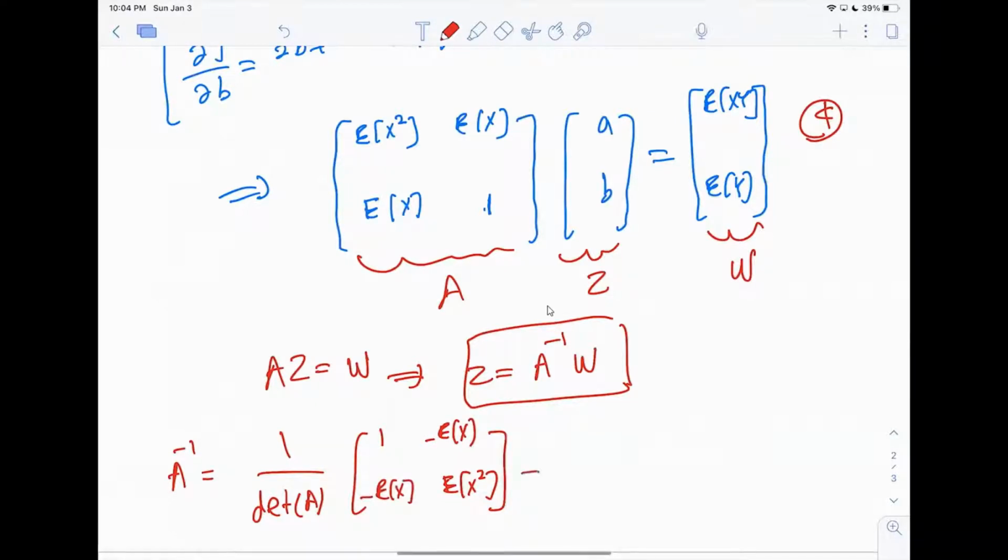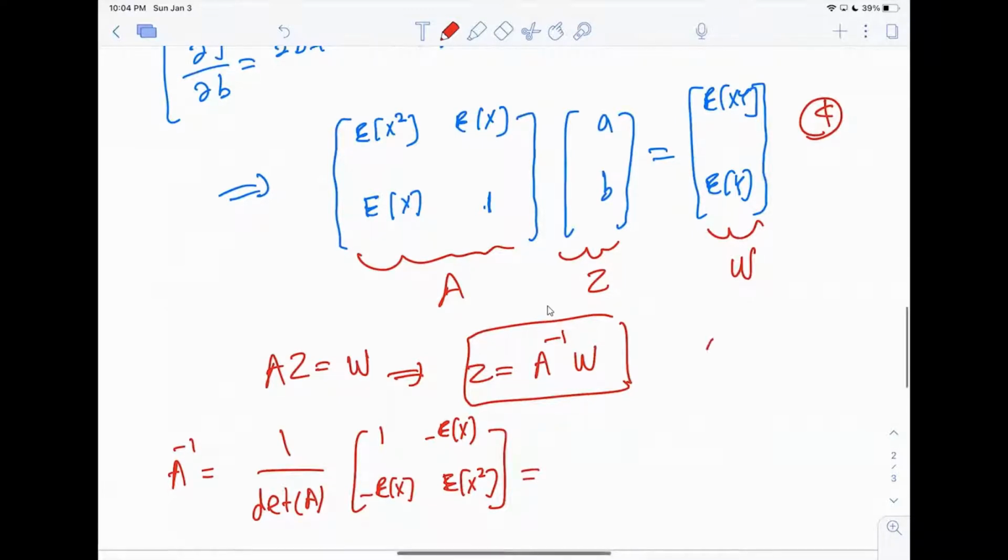Fantastic. Now, what is the determinant here? Remember, we had a note here. I will write it again. Note, if A is [a, b; c, d], then the determinant of A is going to be ad minus bc.